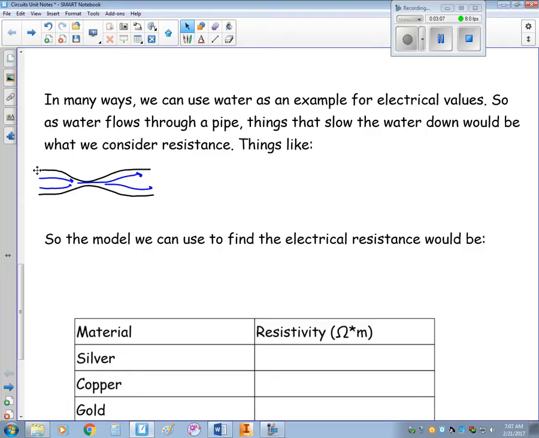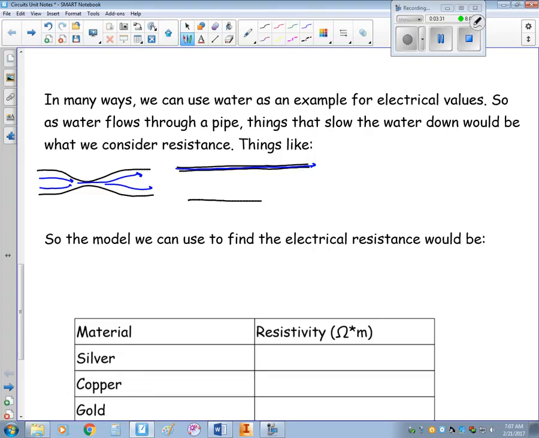We could also make the pipe really, really long. A very long pipe is going to take a lot of effort to push all the water through, so it would have a very high resistance.